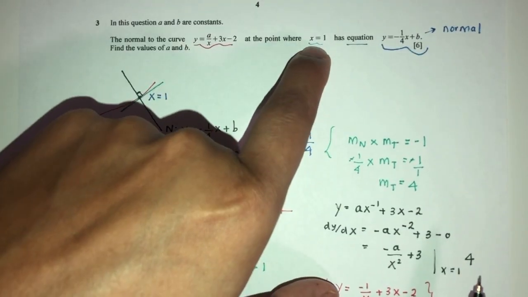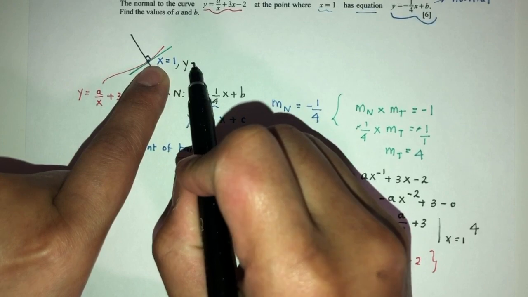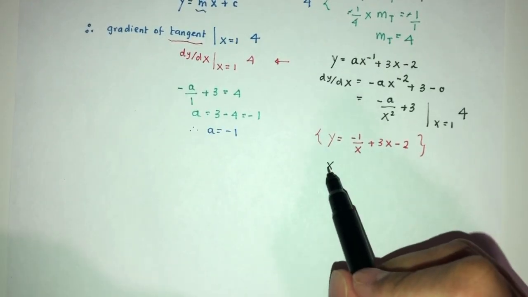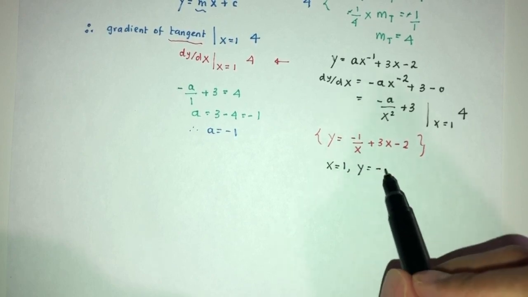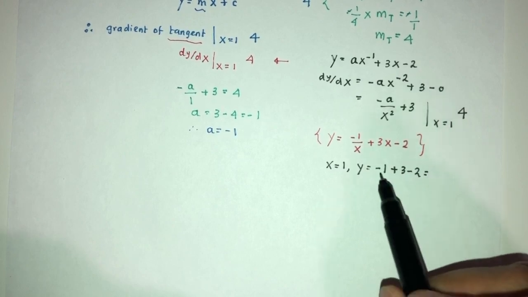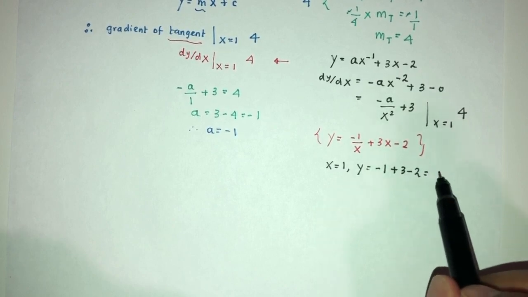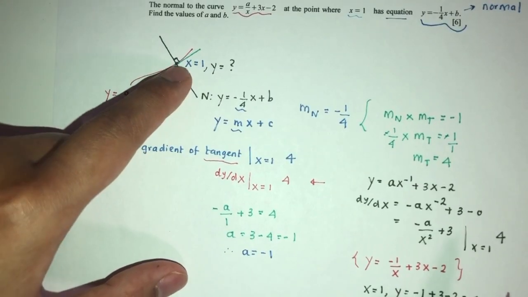We know the x point here is x equal to 1, but what is the y value? Let's find out. When x is equal to 1, y is equal to -1 divided by 1, plus 3 minus 2. So -1 plus 3 minus 2 should be 0. So we have (1, 0) as the passing point.